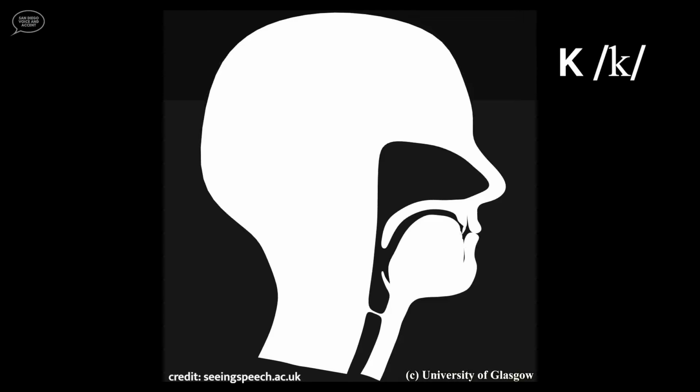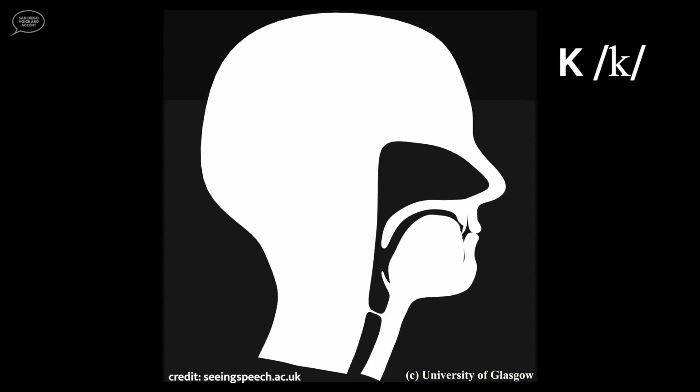Watch an animation of the K and G consonant sounds. This animation was created from actual videos of a real person pronouncing the K and G sounds. The animation shows the side view of the person's face, and I slowed it down to half speed. First, you'll see the K consonant sound.